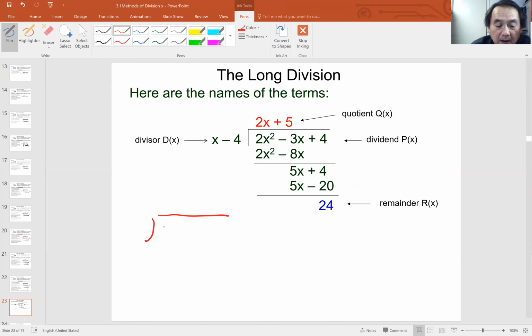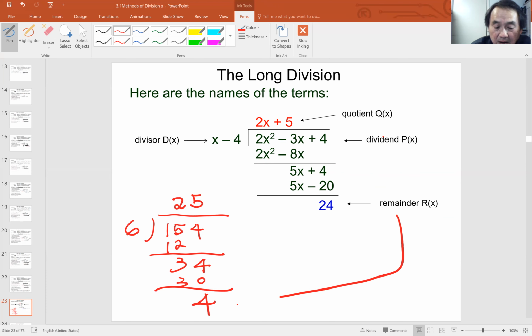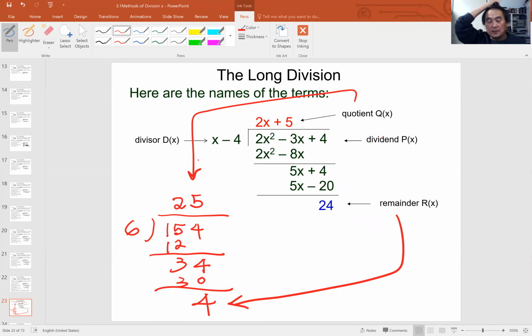This is akin to, for instance, dividing 154 by 6. I would say 2 times 6 is 12, then 34, and 5 times 6 is 30, and the remainder is 4. So the remainder is here and the quotient is there. Why do I say that?